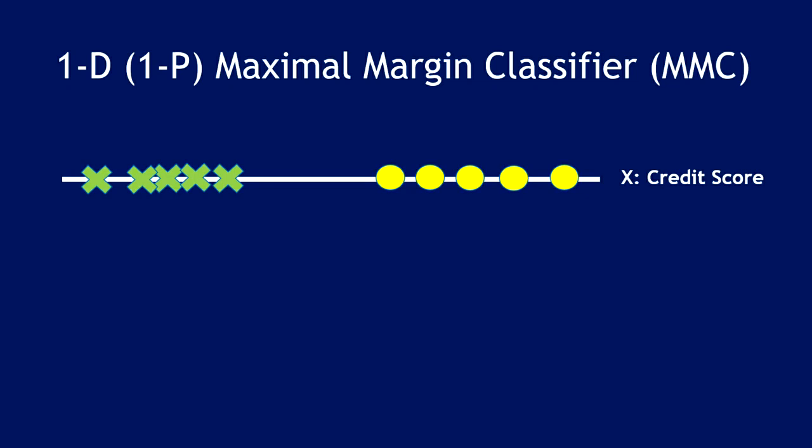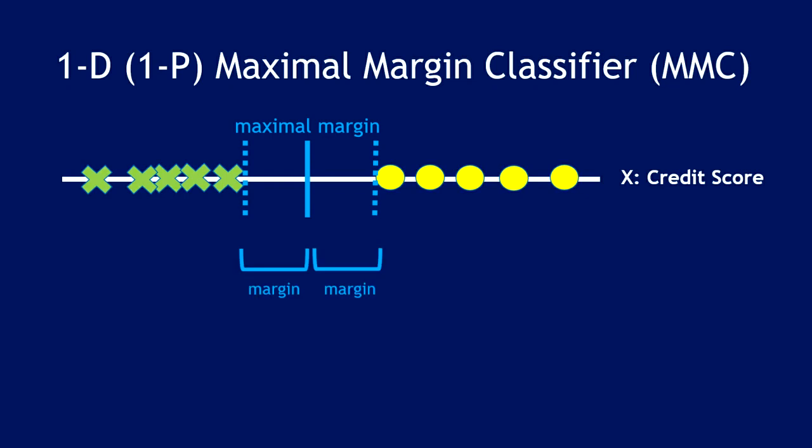So what we have seen is what we call the maximal margin classifier. It's basically an approach to draw a line that maximizes the margin on either side. Okay, so the margin is basically the distance to one of the classes.